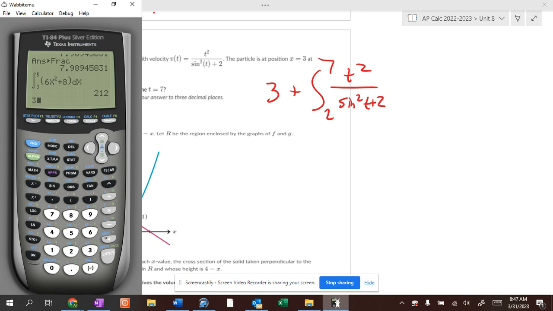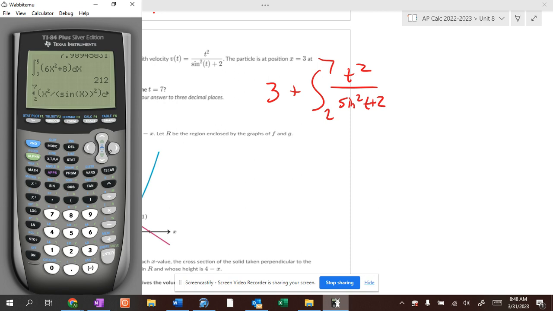So it's 3 plus math 9 of 2 to 7 of t squared divided by the quantity sine of t squared.